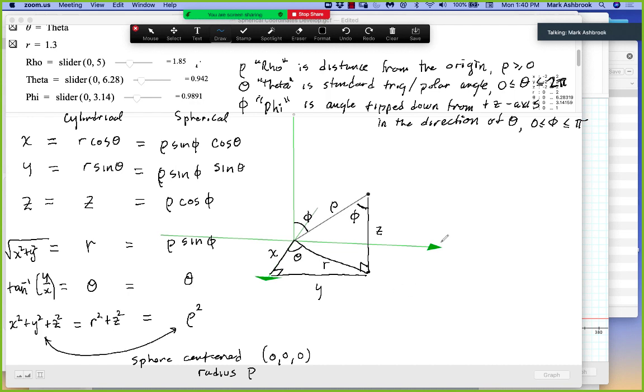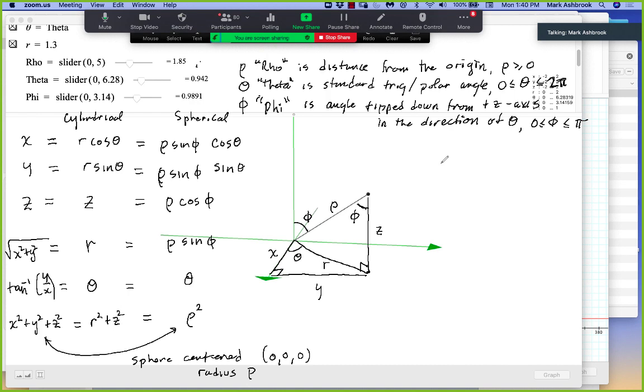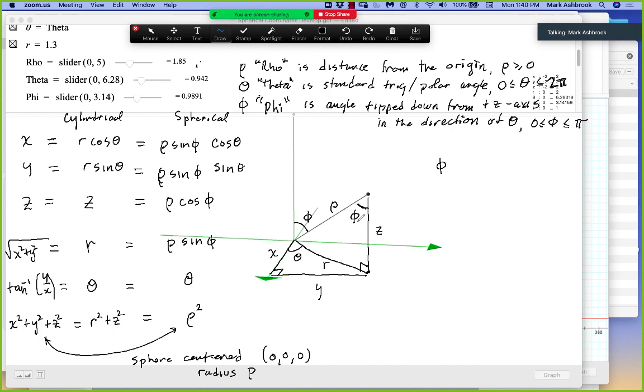Okay, finally, some phi values. So phi, what would phi equal? Notice that phi is from 0 to pi. So do you know which arc trig function has a range of 0 to pi? Arc cosine. Arc cosine gives an angle measure between 0 and pi.